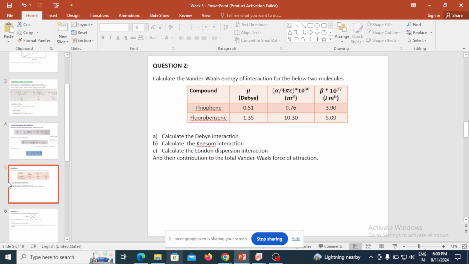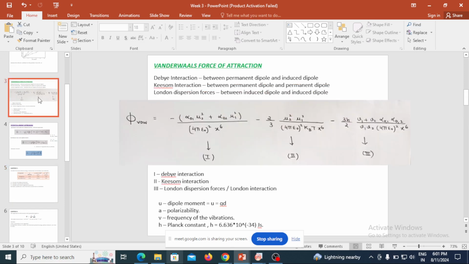So it's the same problem for two different molecules, so this expression will get reduced, since both are thiophene molecules.